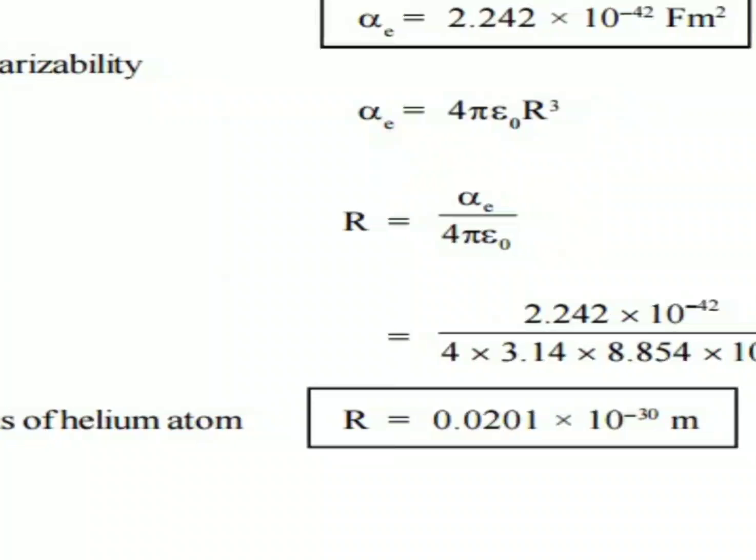So now substitute the value of alpha E, that is 2.242 × 10^-42 divided by 4 into 3.14 into 8.854 × 10^-12. Finally we get the radius of the helium atom, r is equal to 0.0201 × 10^-30 meters.